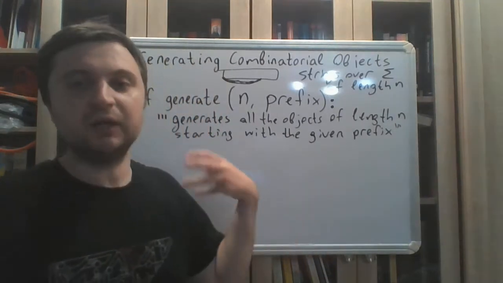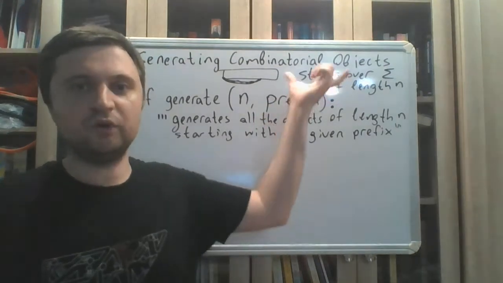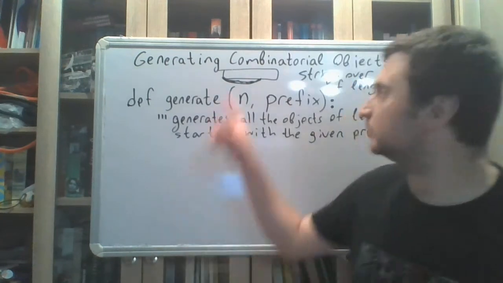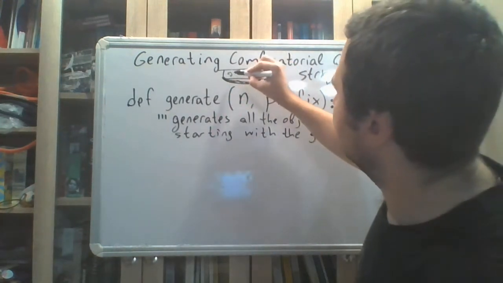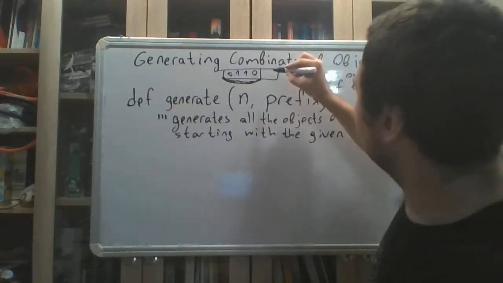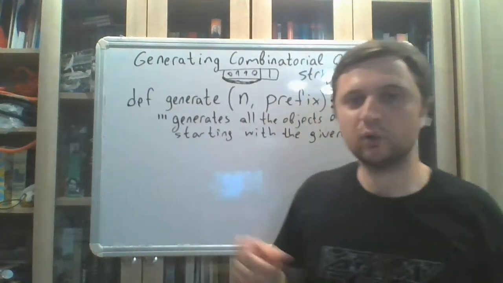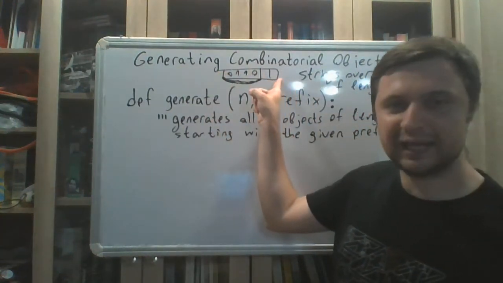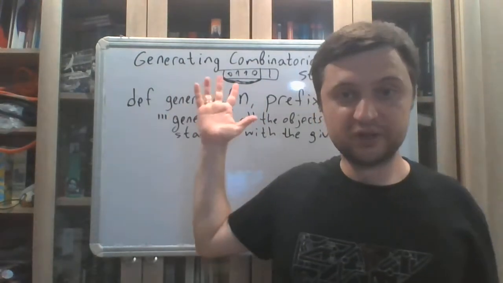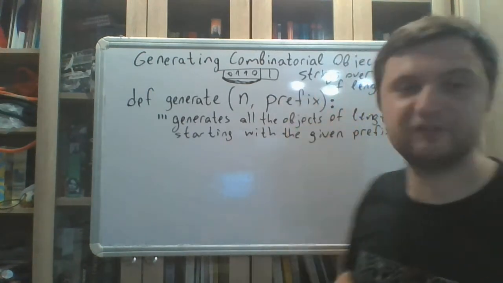So we say not only will we be able to generate all binary strings of size n, but we'll also be able to generate all the binary strings starting with a specific prefix of some length. For example, if someone runs our code with n equal to 6 and this prefix, we will generate all the binary strings that start with this prefix, and there are obviously 4 of them.